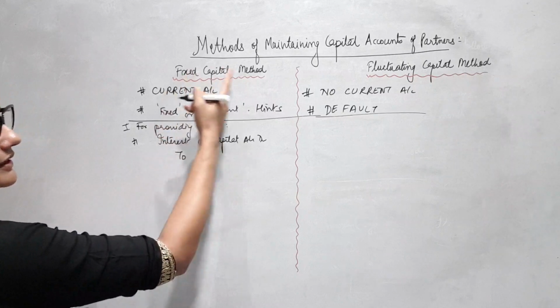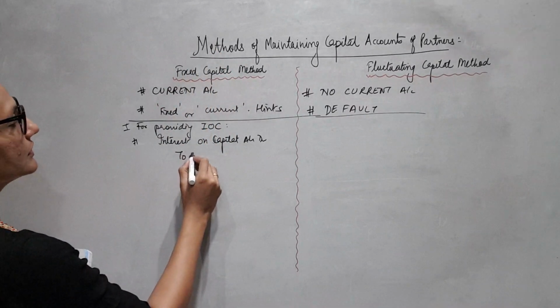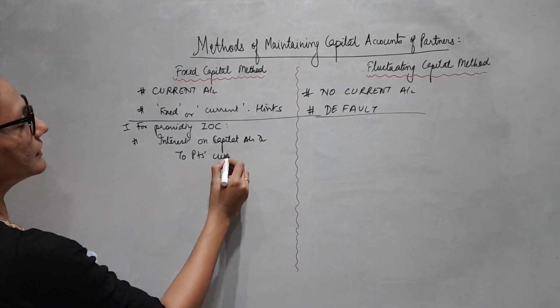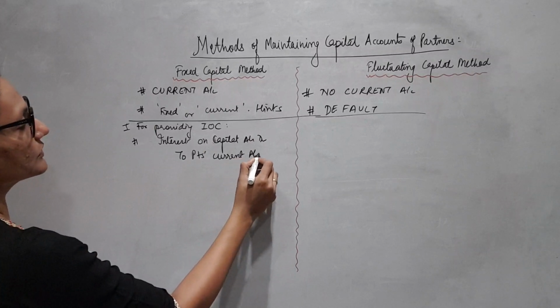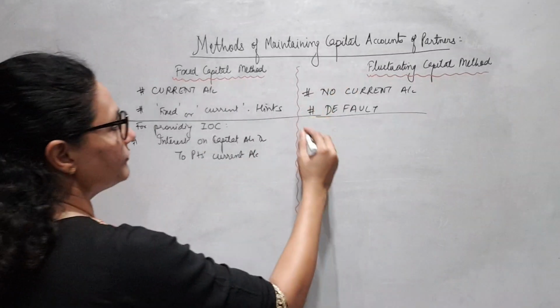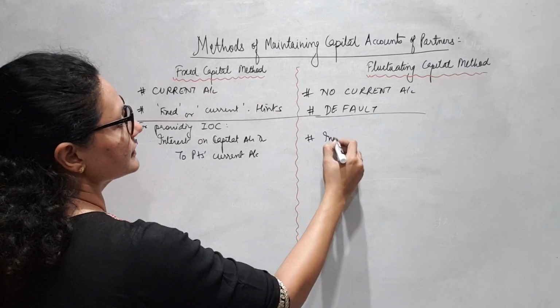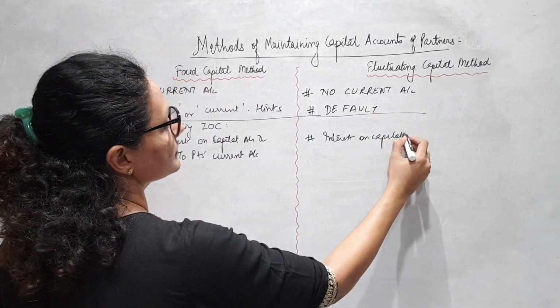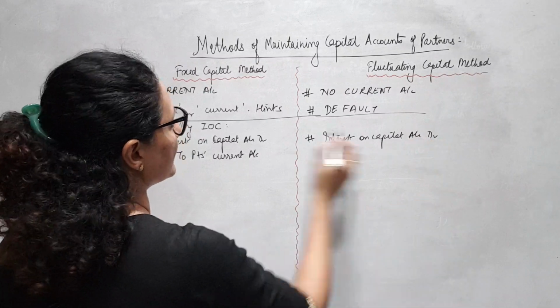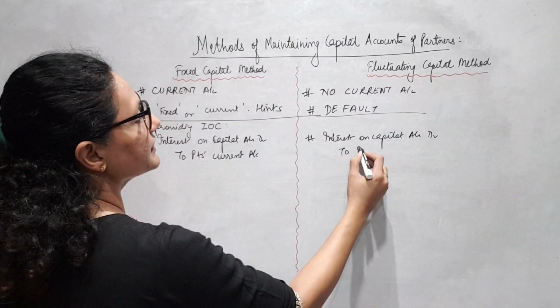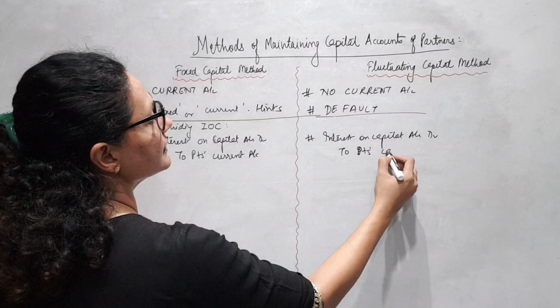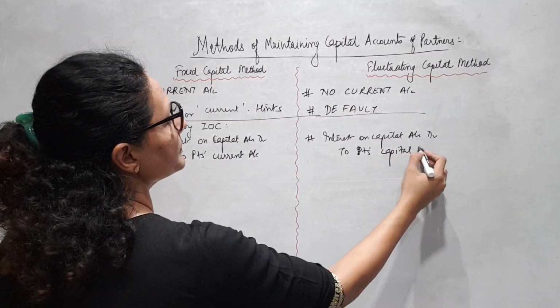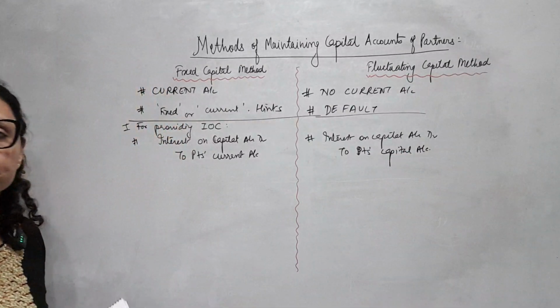but it will be credited not to the capital account. This will be going to partners' current accounts. In fluctuating method, interest on capital account will be debited as here, but it will be credited to partners' capital accounts.